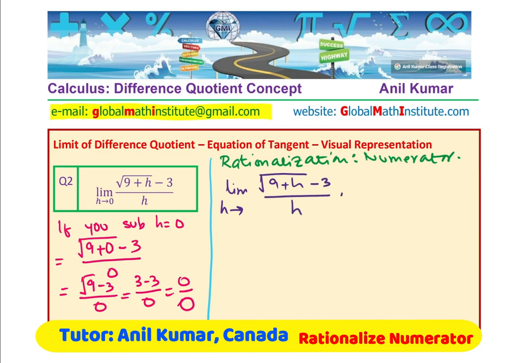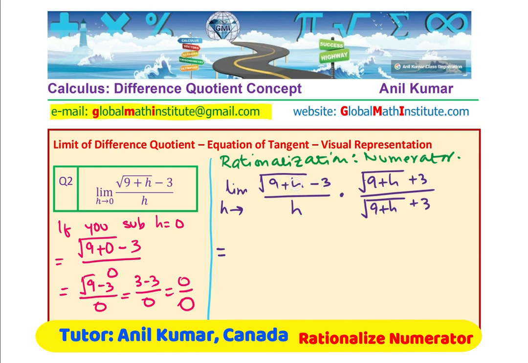So when you want to rationalize the numerator, you multiply and divide by its conjugate, which will be square root of 9 plus h plus 3 over square root of 9 plus h plus 3. So when you multiply and divide by the same term, you're not really changing the expression. It is exactly the same because you're multiplying by 1. Okay. But this helps us to simplify.